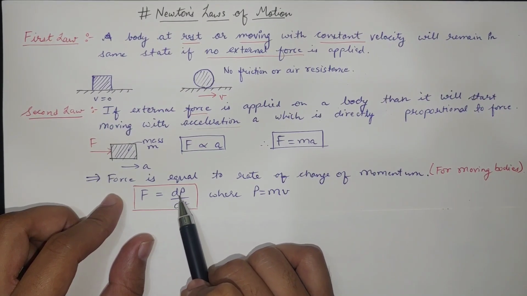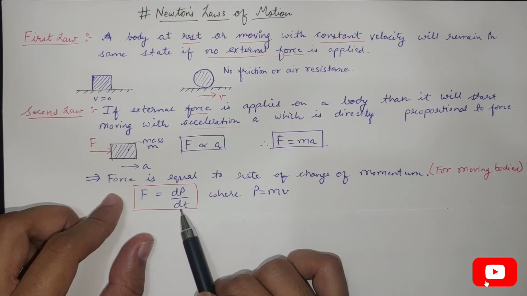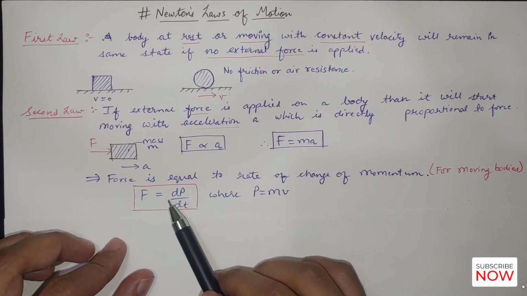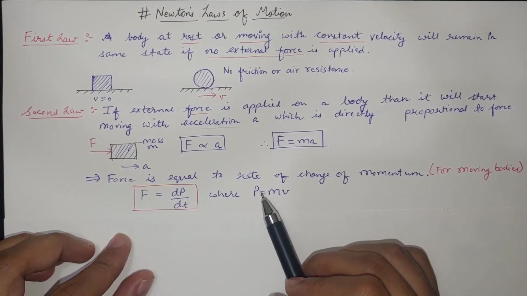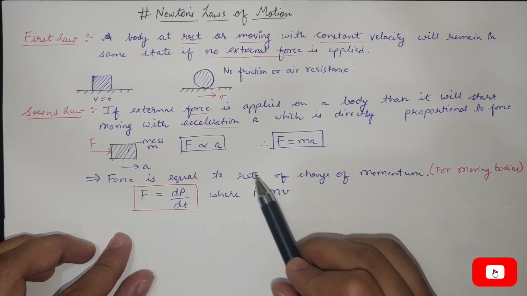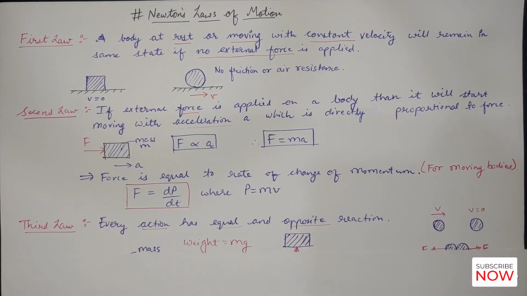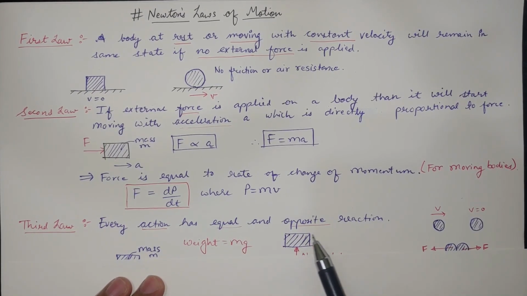So F is equal to dp by dt. dp is the change in momentum, and with respect to time means rate of change of momentum. We will do numericals based on this concept in future lectures. Here you just have to be aware that the second law can be written in this manner also.